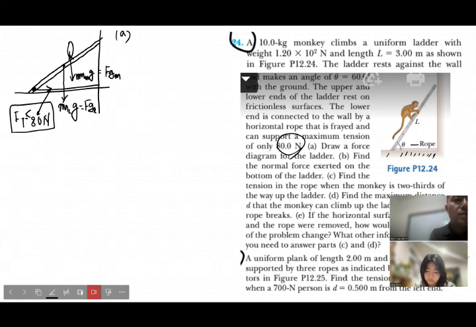More than that, the loop will break and the ladder will fall down. And the angle between the ladder and the ground is theta. The same angle should be applicable to this monkey, so this should be theta, and this should be theta too.